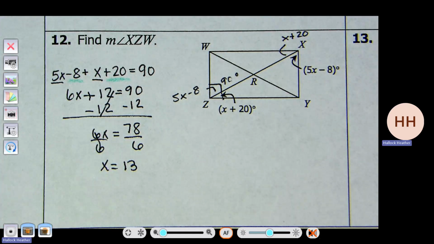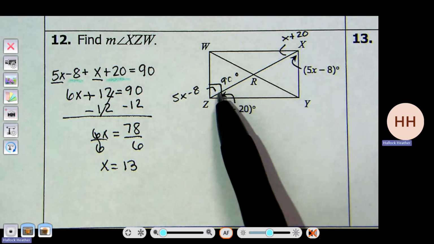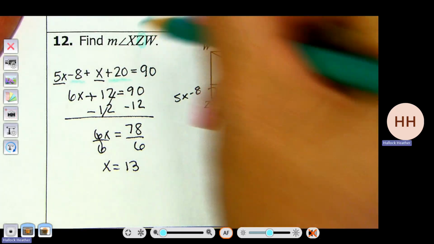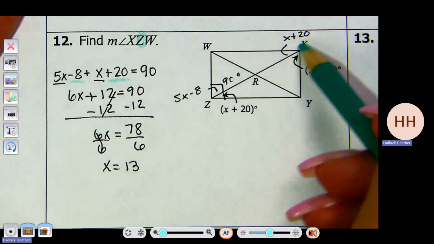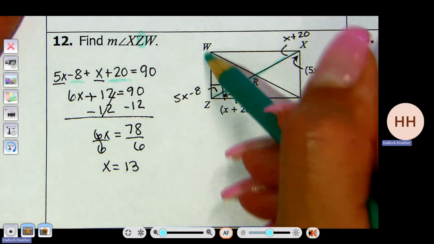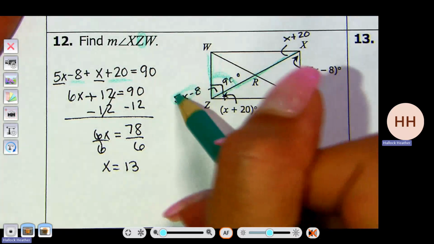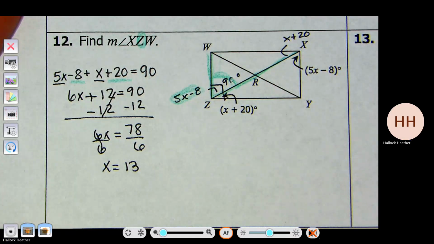So it says find XZW. XZW, huh? We're looking for Z. We're going to plug it into the 5x because it says XZW. So if you follow it, it's talking about this portion. It's like eating this part. Okay. So we're plugging it into 5x minus 8.